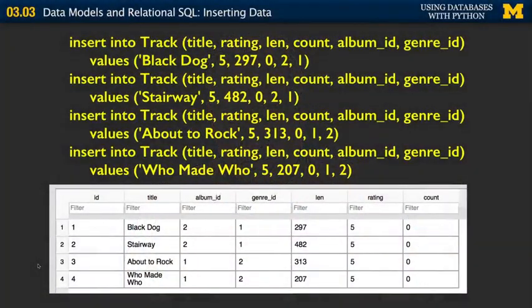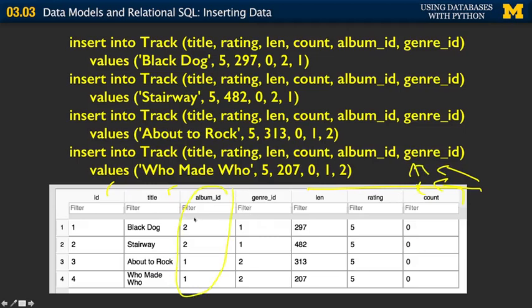Now the last thing we're going to do is probably the most complex, but it's not. We have an ID coming for free, title's data, length, rating, and count, that's just data, and then we have two arrows, right? Album, pointing to album and genre, album and genre. And so we have two foreign keys.